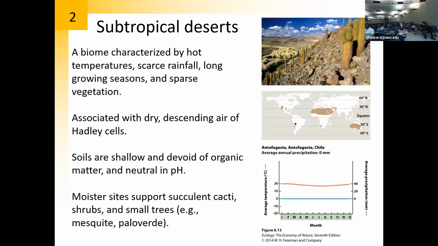The Sonoran Desert in Arizona, primarily in North America, gets rainfall twice a year, half the year from the Pacific, half the year from the Caribbean. Summer storms come from the Caribbean, winter storms come from the Pacific. So even though it's not a lot of rainfall, it's more than some other deserts. And so you can get rich plant communities that contain many kinds of cacti. Yes.